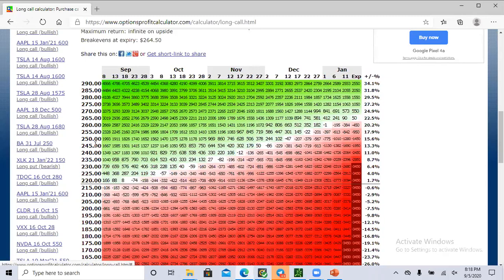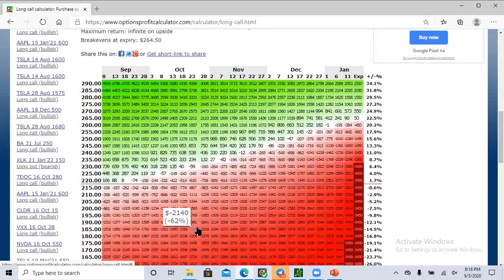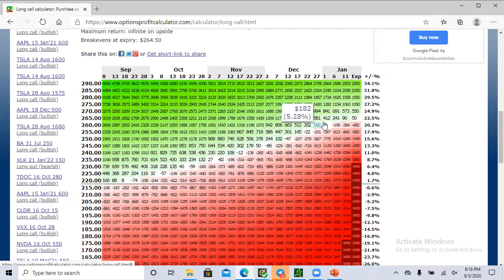But there are times where if it dropped down here, and you were just like, you know what, I'm holding it. I don't want to lose a dime. And then if it did push up, and you came to the last day and it was $90, you'd be like, I'm happy with that.